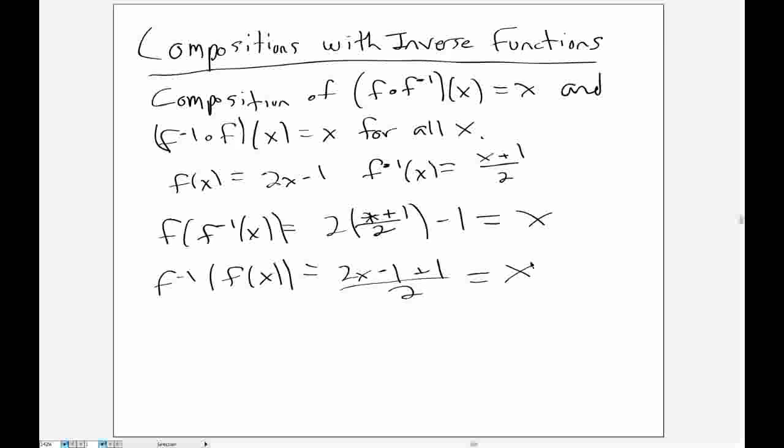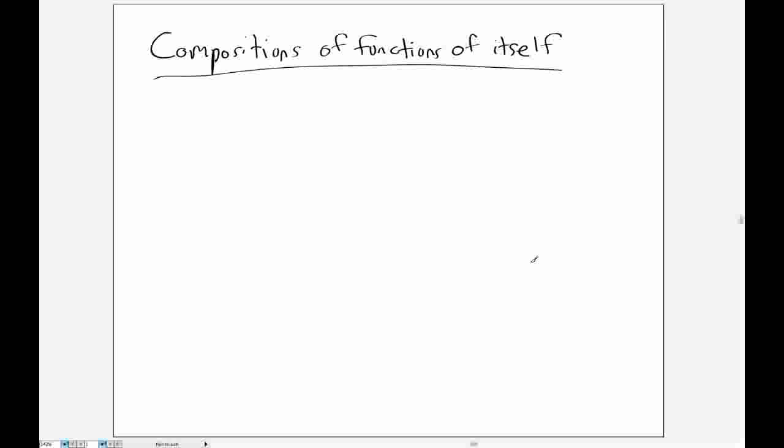So one last thing that you guys should note about compositions of functions is the composition of a function with itself. As you know, we can take compositions f of g, g of h. Well, we can also do f of f of x.